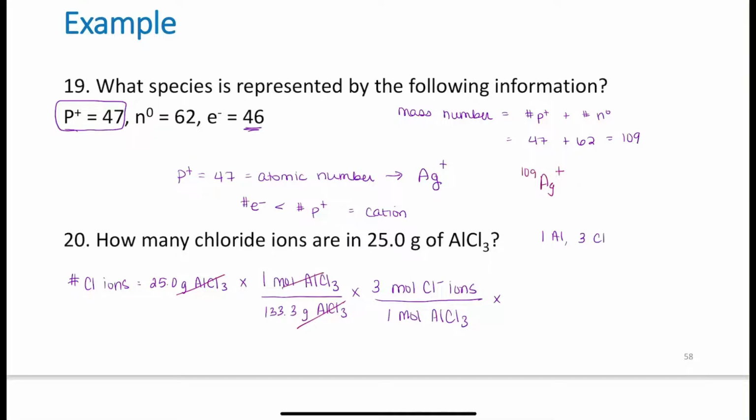And now that I have moles of chloride ions, I can use Avogadro's number to actually determine how many chloride ions I have. 6.022 times 10 to the 23rd chloride ions to every 1 mole of chloride ions.